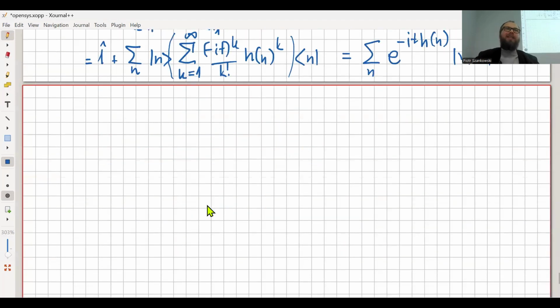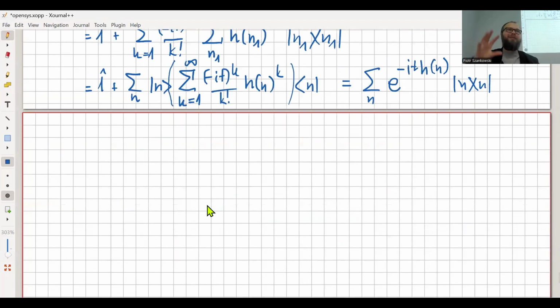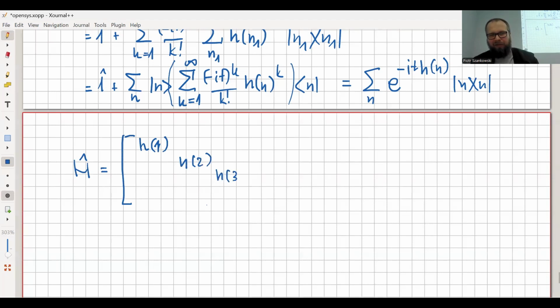Or in matrix notation, right? Because we have our basis, we have our Hamiltonian in our basis. If we write it as a matrix, it would be H1, H2, H3, and so on.